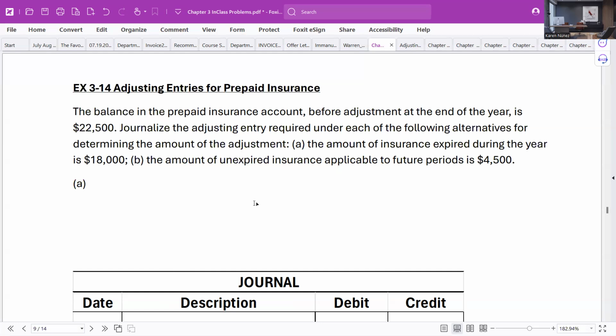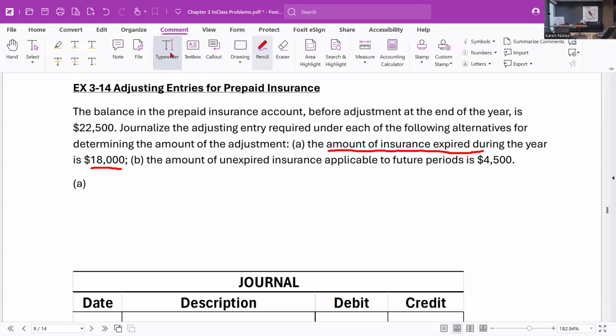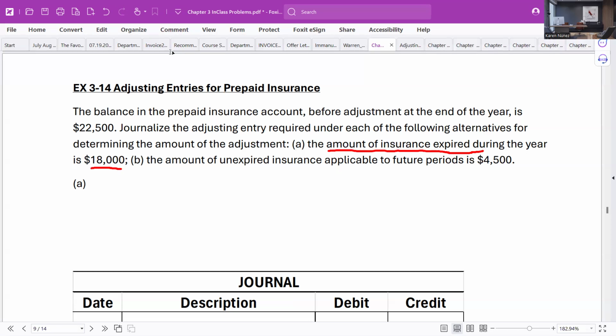The insurance is paid in advance. And what they tell us is that they get to the end of the year and the amount of insurance expired is $18,000. That's the amount of the expired insurance.